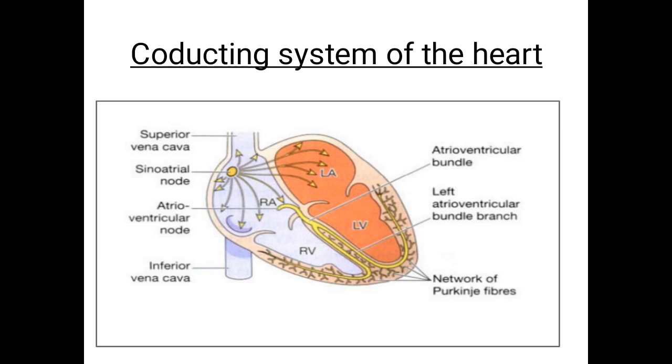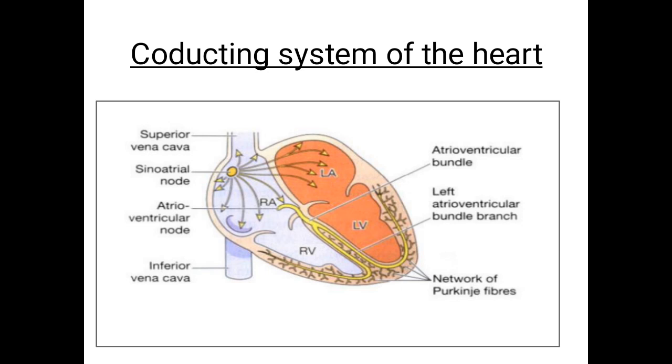The first node is called the sinoatrial node. This is a small mass of specialized cells in the wall of the right atrium near the opening of the superior vena cava.